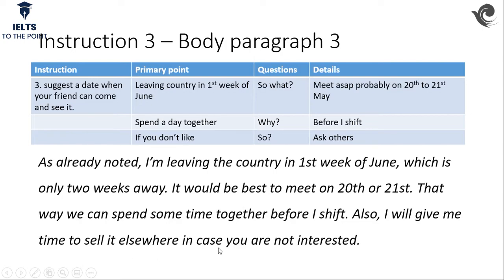That means if you come on 20th or 21st, it will help me so that I can sell it somewhere else if you are not interested. So you are talking about a condition in this case, and the sentence can be built quite easily by looking at if and so.